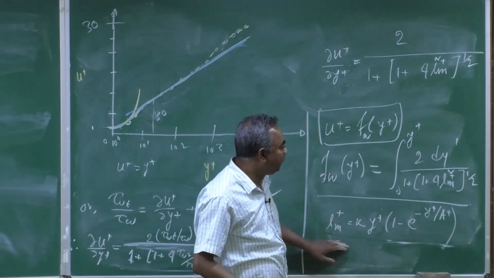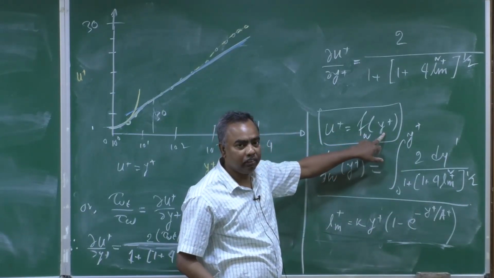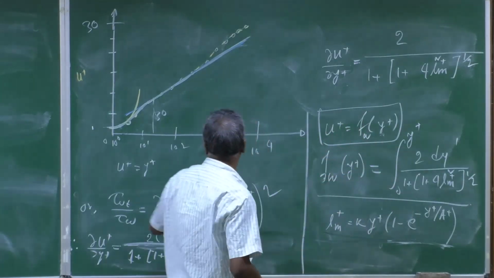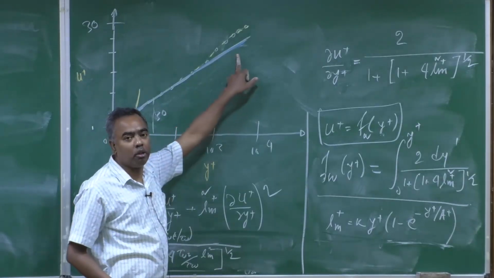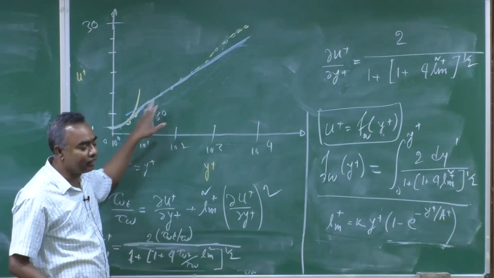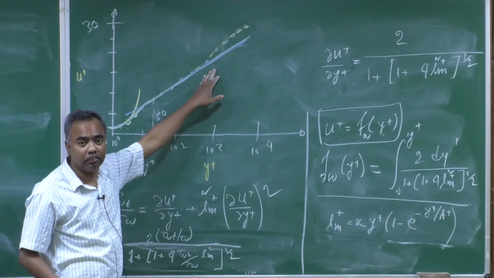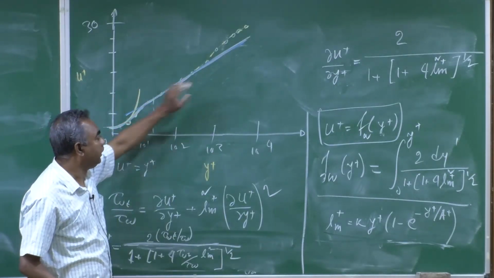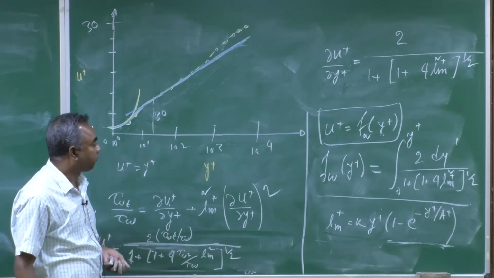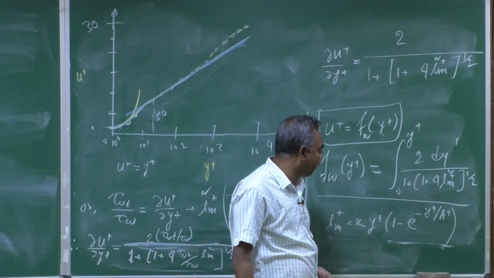And using this function, if you integrate f_w(y plus) in the inner layer, then you are able to recover, or predict, the experimental observation. So, that is what he has done in that particular case. This is what we have learned from this particular exercise.